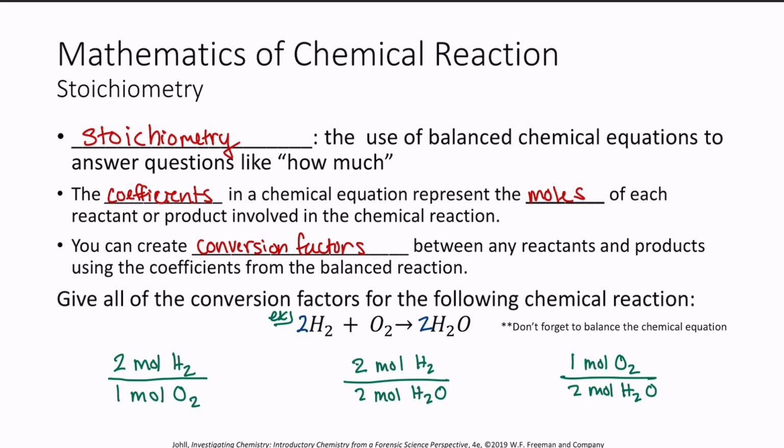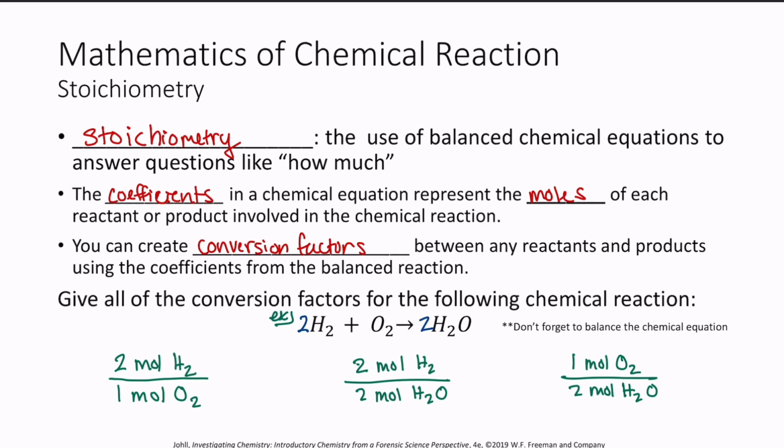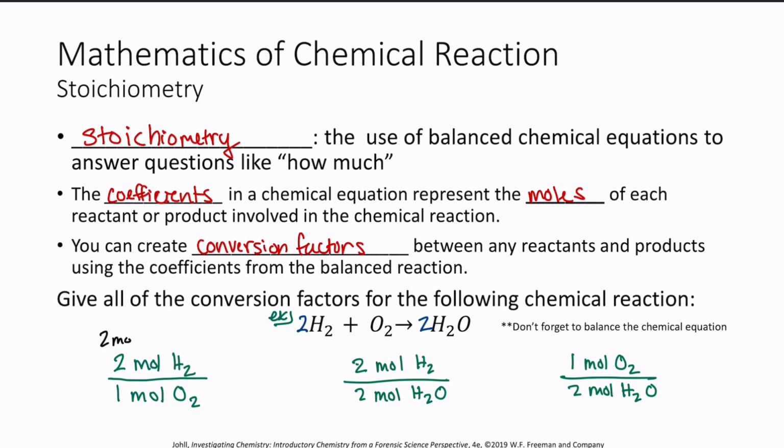Now, what I want you to remember is that if I have one conversion factor, the reciprocal is also true. So for every equality, remember these come from equality statements, 2 moles of hydrogen is going to be equal to 1 mole of oxygen. So for every equality statement, I can get two conversion factors.